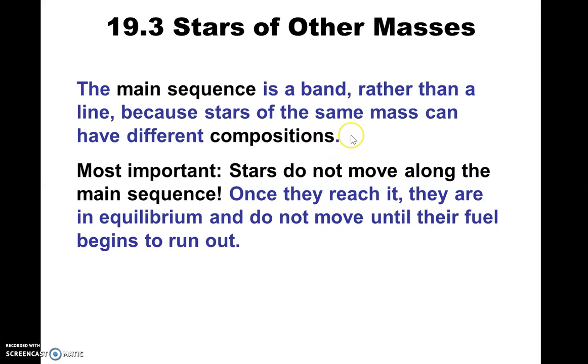It's all atoms in the universe, of course, but some of them might have a little bit more carbon, some might have a little more oxygen, and so forth. It's just random, and so where they end up on the main sequence is going to be a little bit different. But once they're there, they don't move.